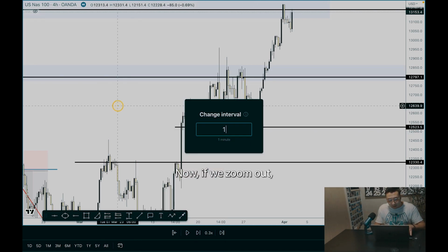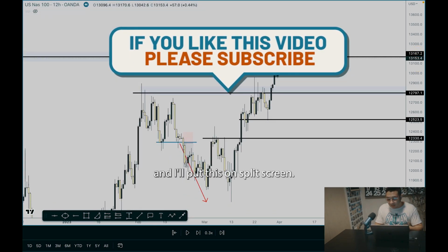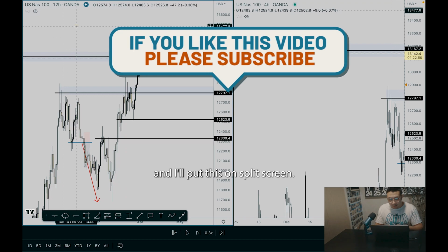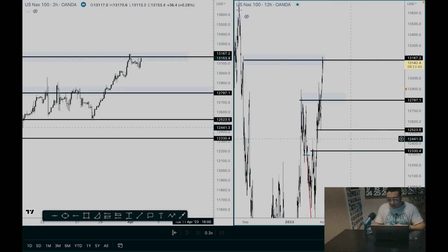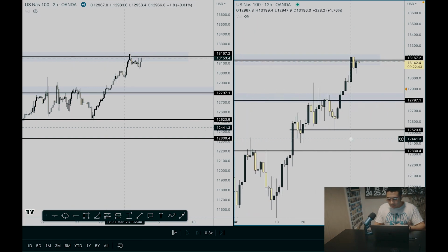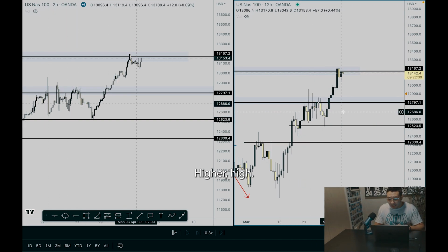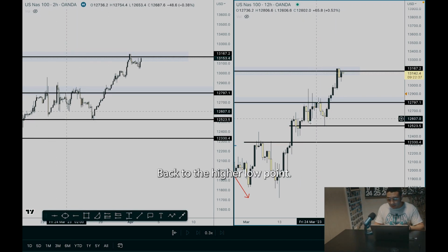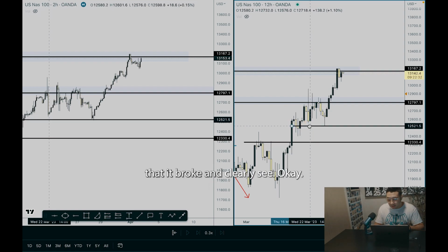Now if we zoom out, which you consistently need to do, you can clearly see, and I'll put this on split screen, I'll make this the 2 hour and we'll make this the 12 hour. This was a level of structure. Higher low, higher high, back to the higher low point. It retested the area of resistance that it broke, as you can clearly see.